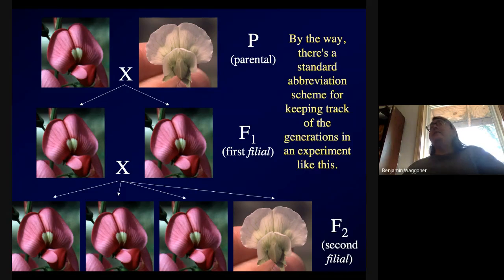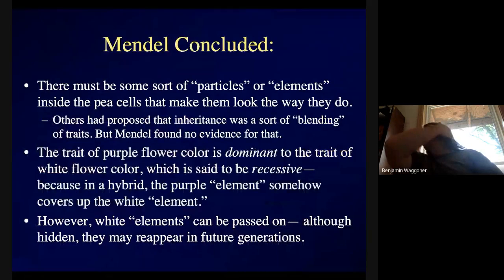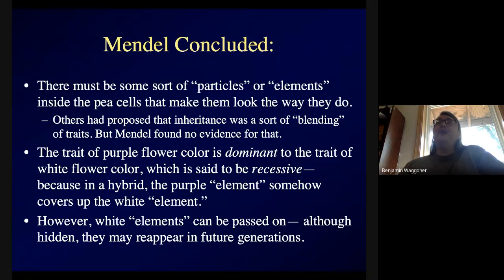Be it said, and this is worth repeating, dominant does not, in this context, mean superior. Purple flowers aren't better than white flowers. They're not more common than white flowers. In fact, white seems to be most common in the pea flowers that I see today. Purple is not better. Purple is not superior. Purple does not beat up white flowers and take their lunch money.